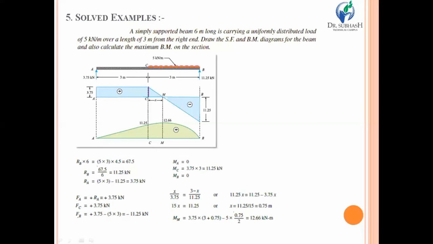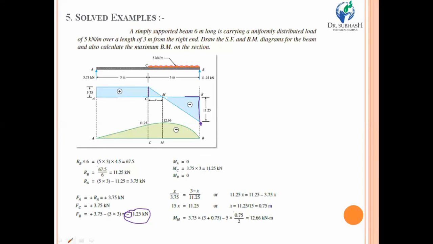And at point B, there is 11.25 kilonewton acting, but it is acting in downward direction because the sign convention of the shear force acting at point B is minus. So from section B, you should move exactly 11.25 centimeter below that particular horizontal line and mark over here, that is your 11.25 shear force which is acting at section B.